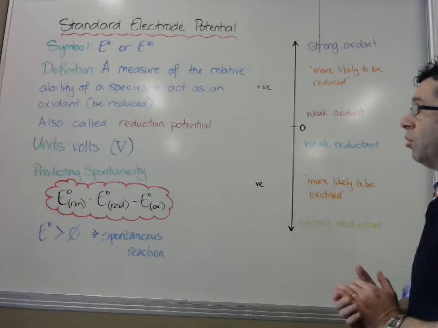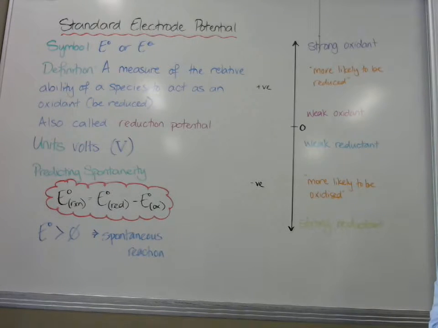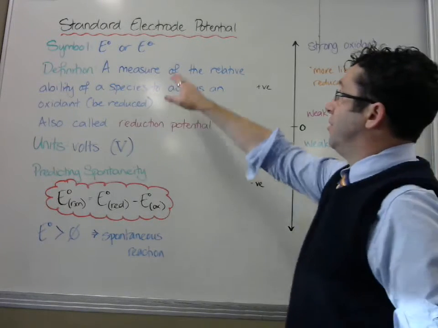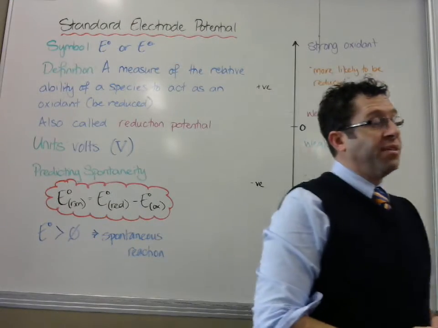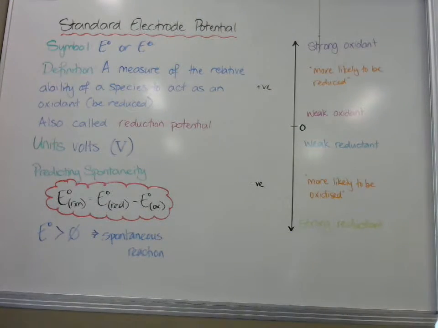But what's really cool about this for chemistry is we can predict if a reaction is going to occur or not. Now this is a different type of prediction to when we used entropy and Gibbs free energy. They both need to be the correct values. Gibbs free energy needs to be negative, and the electrode potential needs to be positive. If both of these are satisfied, you will have a chemical reaction occur.